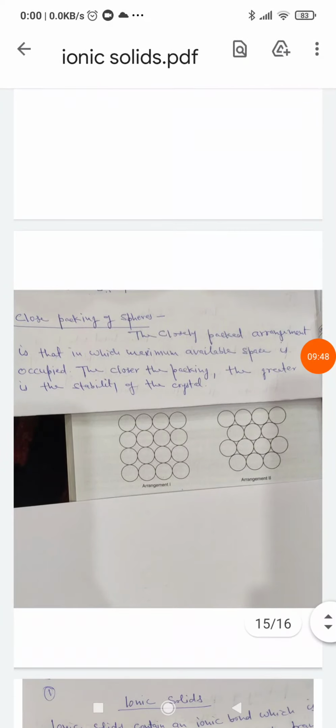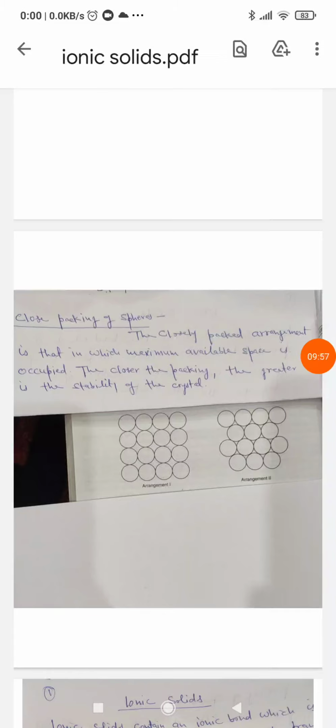In the second arrangement, 60.4% of the space is filled and 39.6% is empty. Thus, arrangement 2 is more economical and it is a close packing of the spheres.